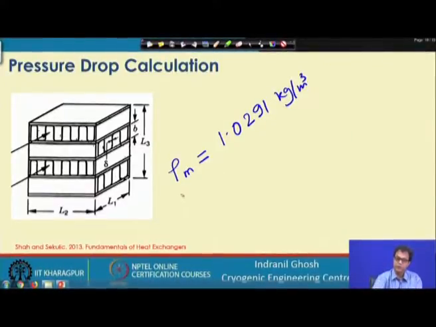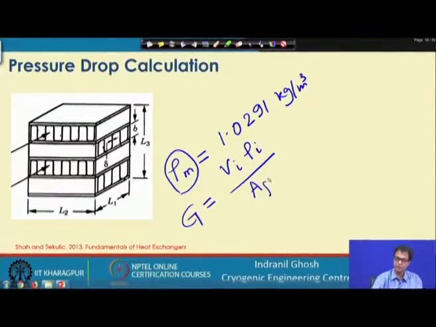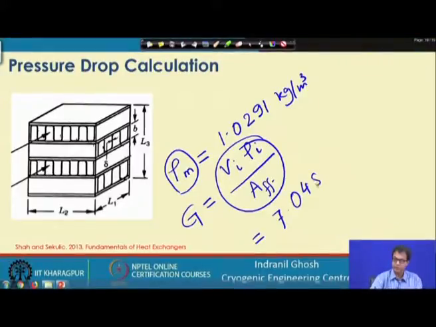So, this would be the mean density, and then we have the G. G can be estimated from the volumetric flow rate multiplied by rho at the entry, and then the free flow area, which is already given. So, from here we would be able to calculate the G value, or the mass velocity, as 7.086 kg per meter square per second.